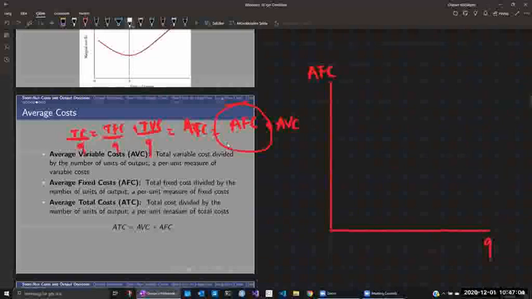What do you think? What should I draw here? So if I had total fixed cost, I might say that it is like this, right? So this is total fixed cost. Now I am asking what should be the average fixed cost.